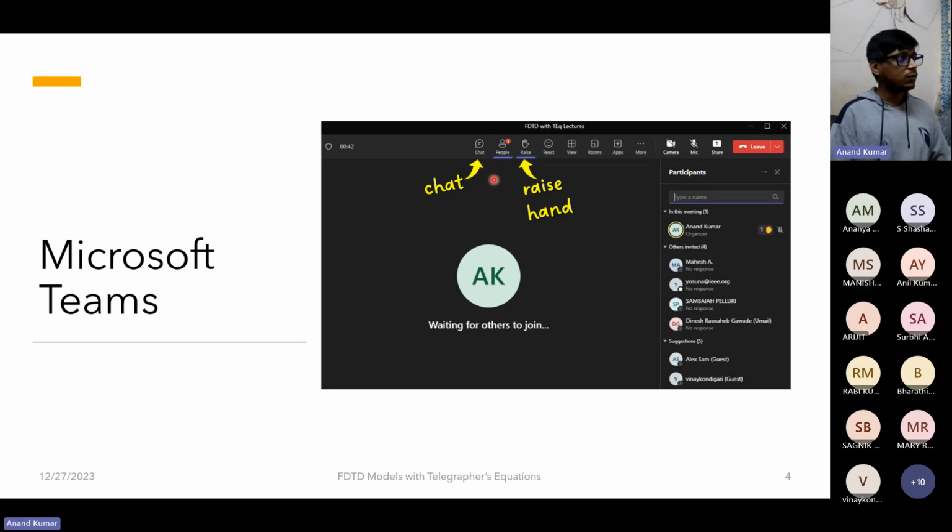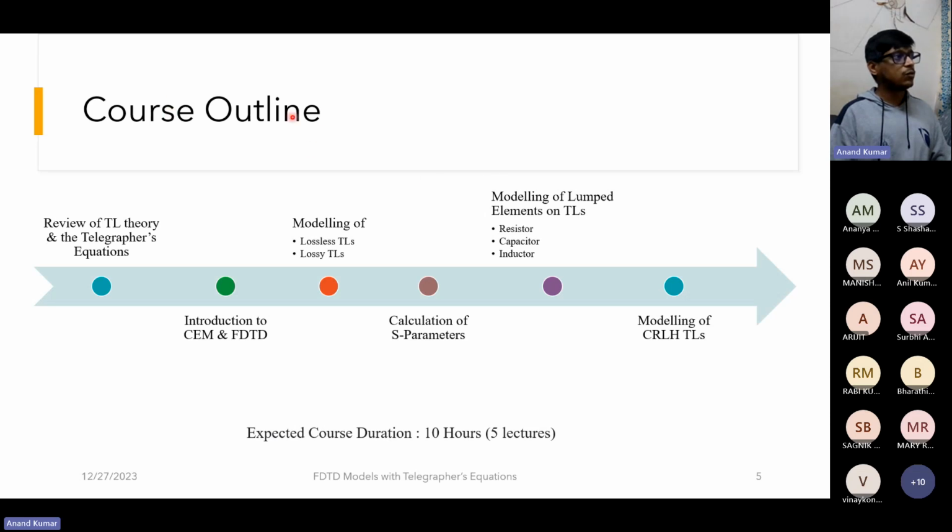Let's discuss the course outline. The course outline was shared during the registration form, in a pamphlet which outlined what we'll be covering. Briefly, we'll start with a review of transmission line theory and the Telegrapher's equations, which we'll cover in this class. Next class we'll begin with an introduction to computational electromagnetics, mostly focused on the finite difference time domain method.